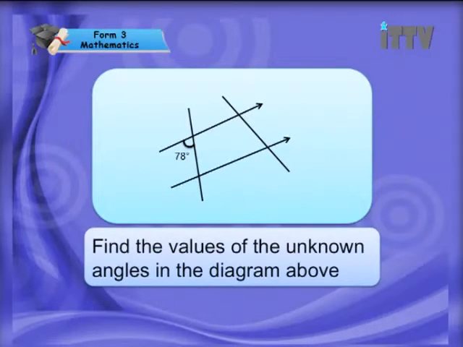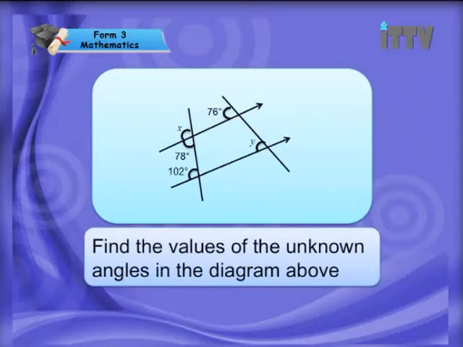Now, let's look at this question. We have two parallel lines with values of 78, 76 and 102. We have two other unknown angles labeled X and Y. The question is, find the values of the unknown angles in the diagram above.